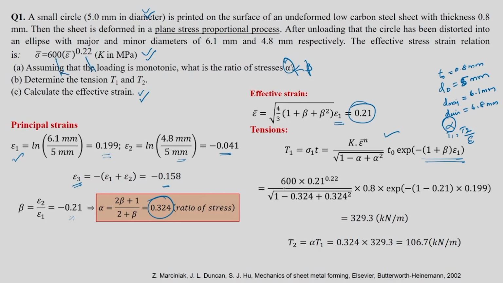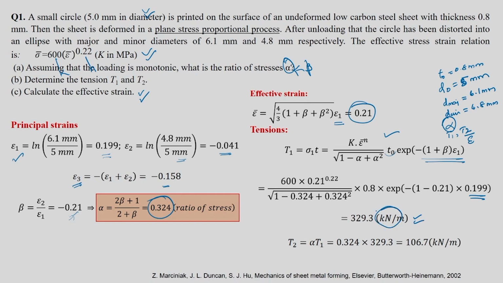All are given. So 600 into 0.21 power 0.22 divided by square root of 1 minus 0.324 plus 0.324 square, into T naught, which is 0.8, exponential of minus 1 plus beta, that is minus 0.21, into 0.199. If you calculate, T1 is going to be 329.3, about 329 kilonewton per meter.